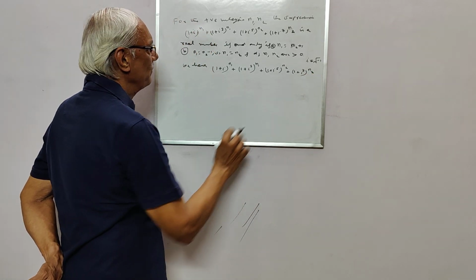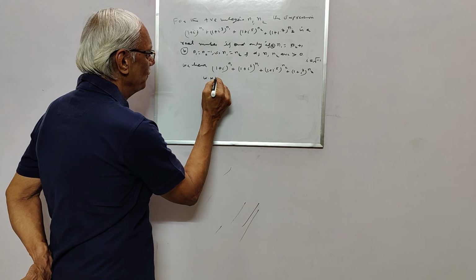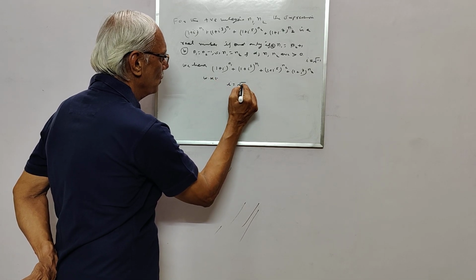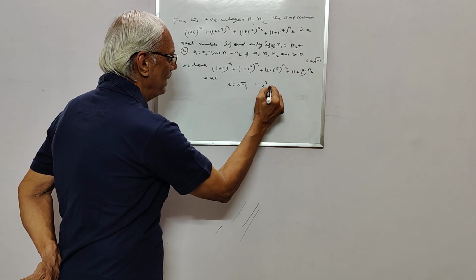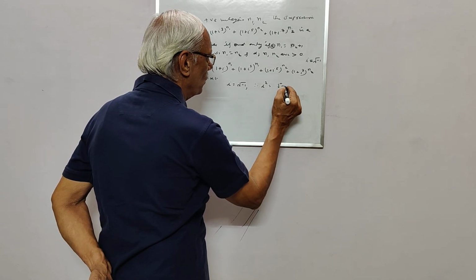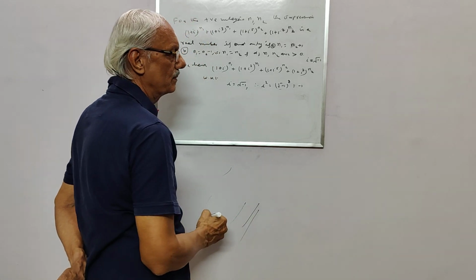Given this, we know that i is equal to the square root of minus 1, therefore i squared is the square root of minus 1 whole squared, which is equal to minus 1.